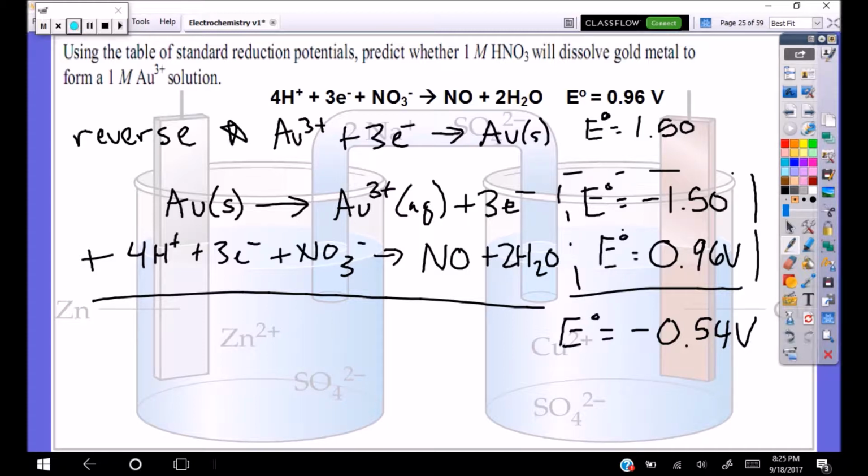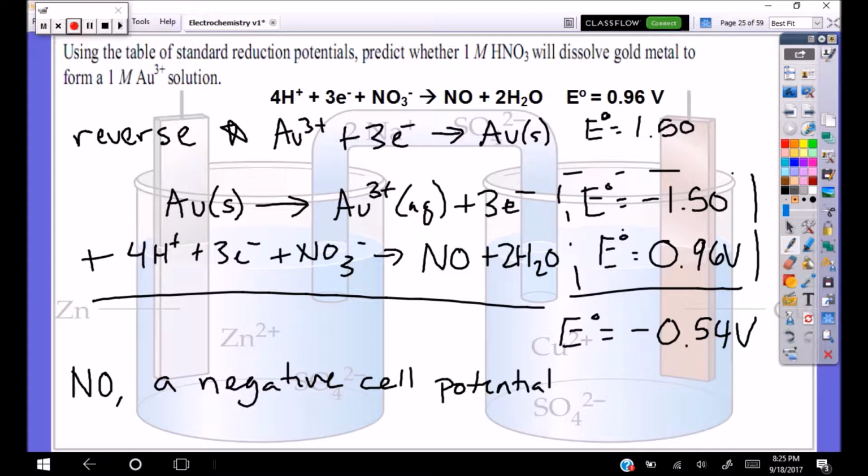What does a negative cell potential mean? Is that going to be spontaneous or non-spontaneous? Right, it is not spontaneous. So no, this would not form gold ions. A negative cell potential results in a non-spontaneous reaction.